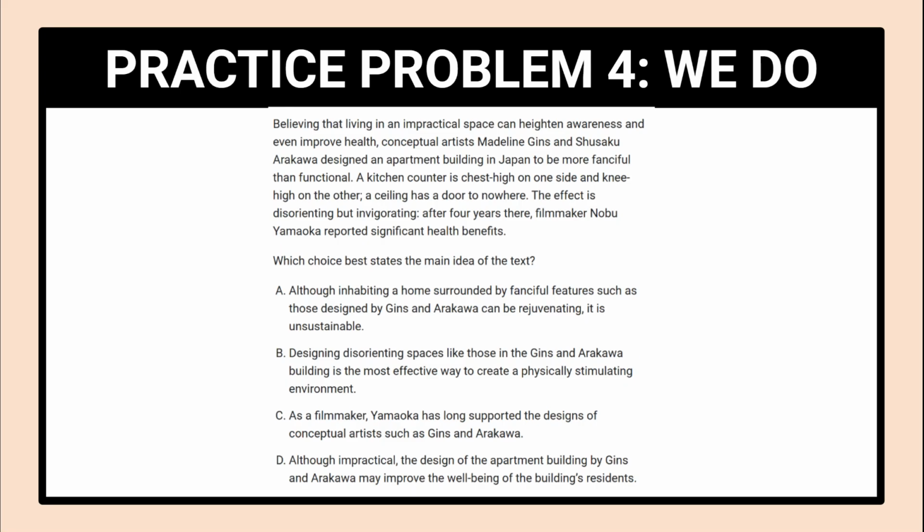So it tells us that there may be benefits to this design because filmmaker Yamaoka lived in the apartment building for 4 years and reported health benefits. This means that even though it's not really practical design, it may improve the well-being of the building's residents. In the example given about Yamaoka, it talked about improving their health. So that's why D is going to be the best option for you.